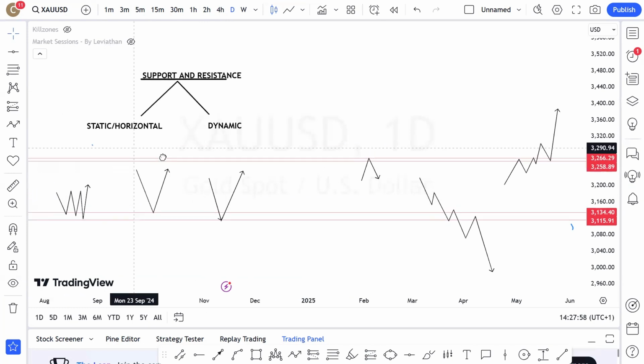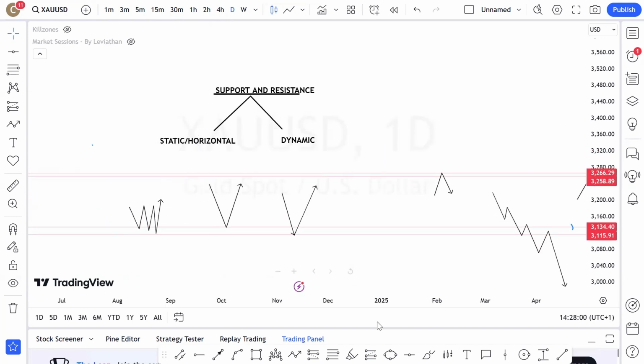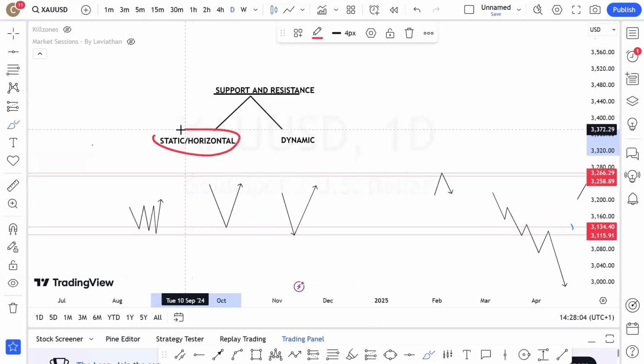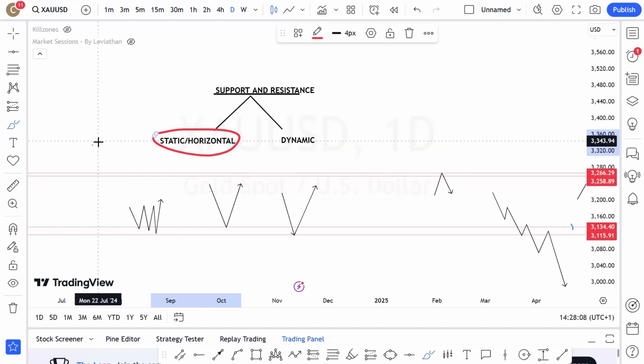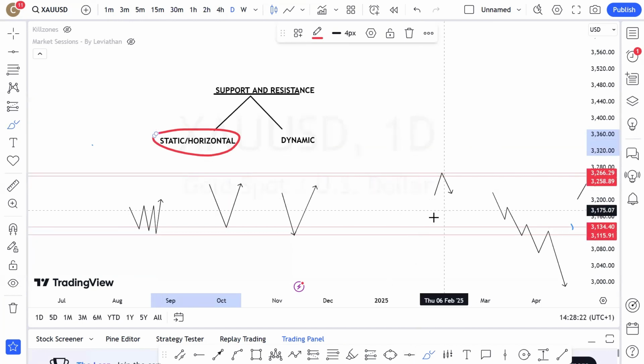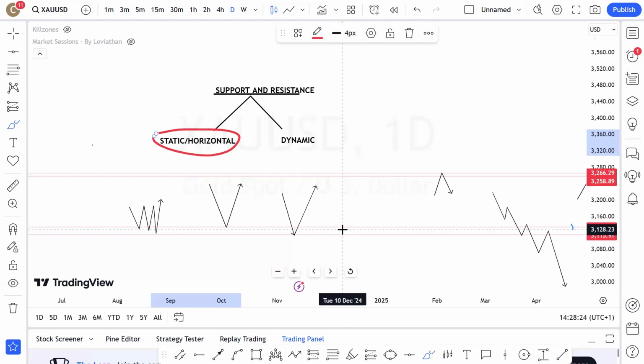Okay. So what I've tried to explain here is this type of support and resistance zone, which is static or horizontal support and resistance. These ones are support and resistance that are just static on the charts. Now, what you have actually seen here are price levels, swing points in the market, where the market is actually turning from.